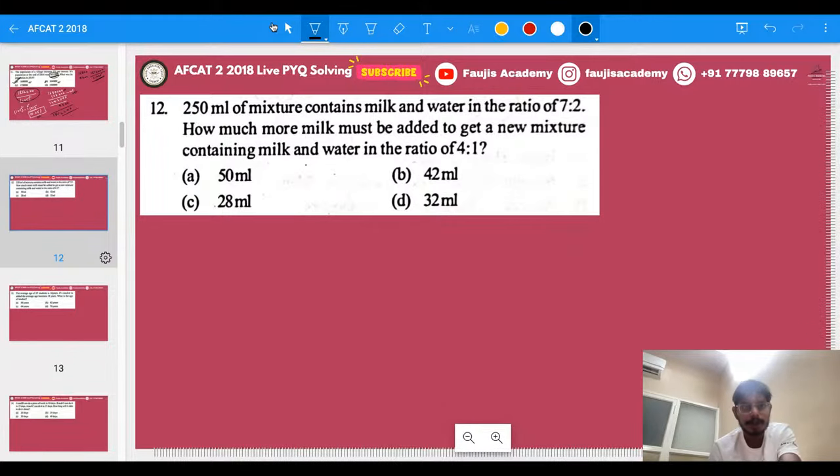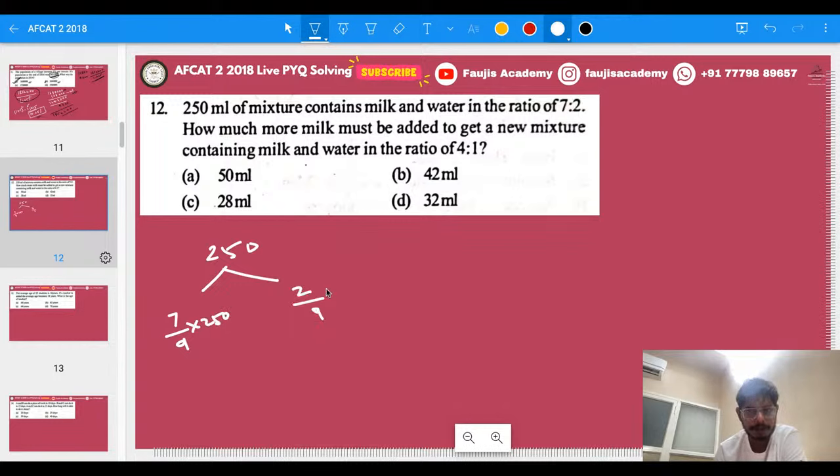All right. 250 ml of mixture contains milk and water in the ratio 7:2. 250 ml of mixture is there. It contains milk and water in the ratio 7:2. That means 7 out of 9 parts is milk and 2 out of 9 parts is water. How much is that? 250 times 7 is 1750.